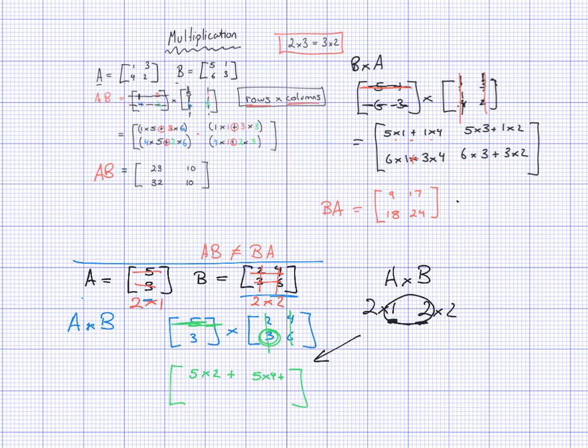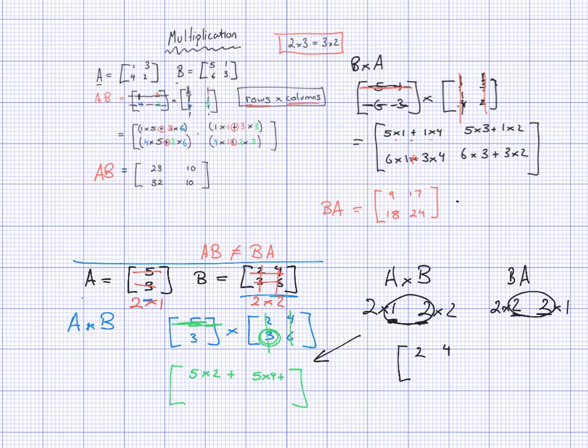But looking back at the previous example, we might remember that B times A is different to A times B. So I'll try it out. So 2 by 2, that's the first one, and a 2 by 1. You might notice that now the two inside numbers, the columns in B and the rows in A, are the same, which means that I should be able to flip them over and multiply them.